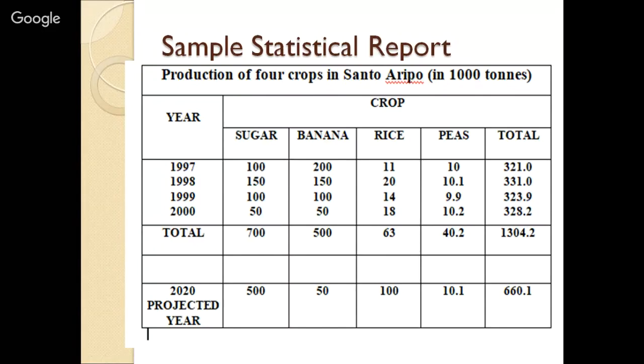Right? Then if we look at 10 right here, when we look at peas in 2020, we realize that the crop is going to remain the same. The production of the crop is going to remain the same.